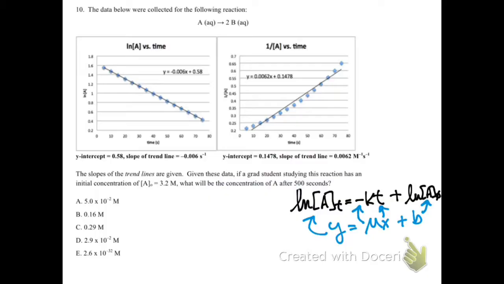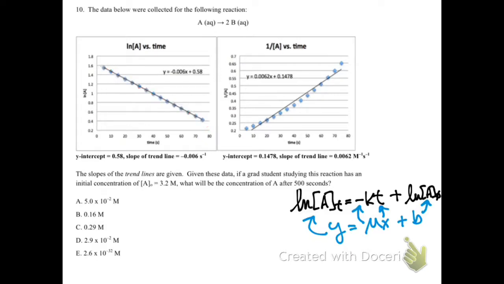In this problem, we first have to figure out what order this reaction is. So we're given two different graphs. In one, we're plotting the natural log of concentration versus time. The other, we're plotting 1 divided by concentration versus time. And the key here is to look for which one gives us a linear relationship. As we can see here, in this first plot, all these points are lined up nice and in a row.